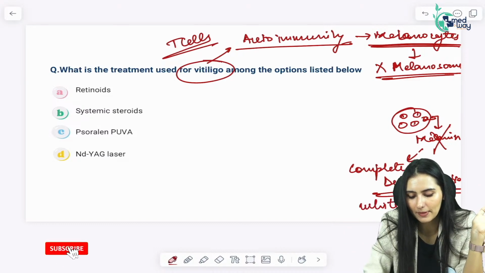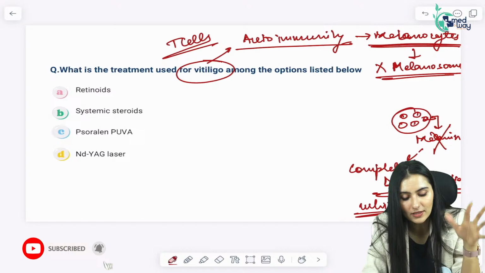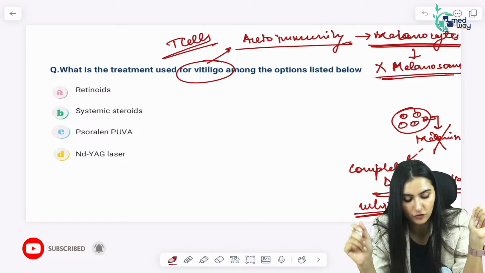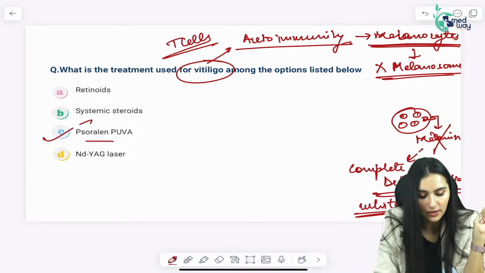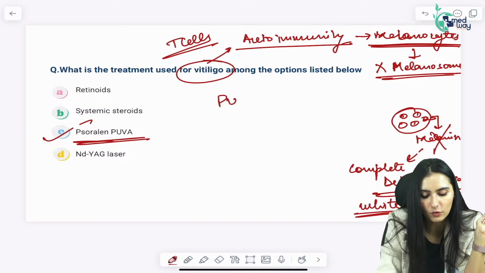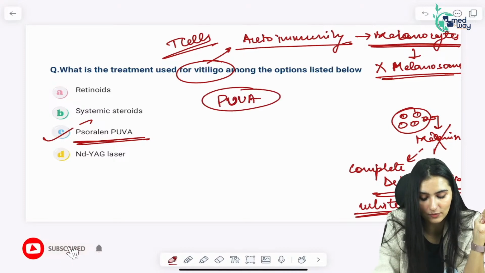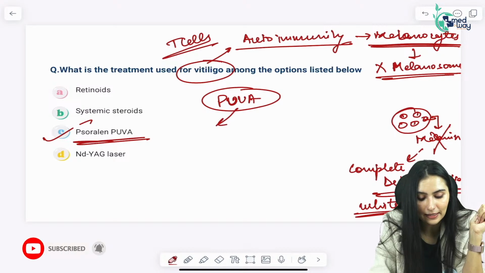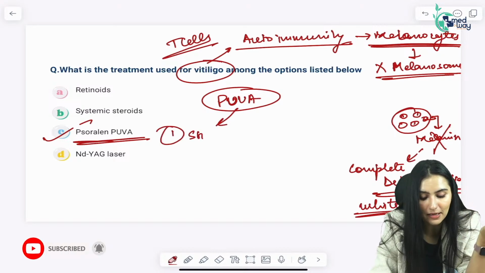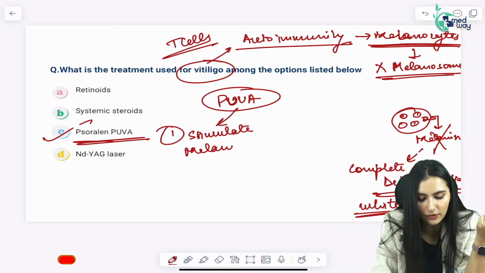What is the treatment of choice? It is psoralen, that is PUVA. PUVA has various mechanisms of action. Firstly, it will by itself stimulate melanin, which was getting reduced.